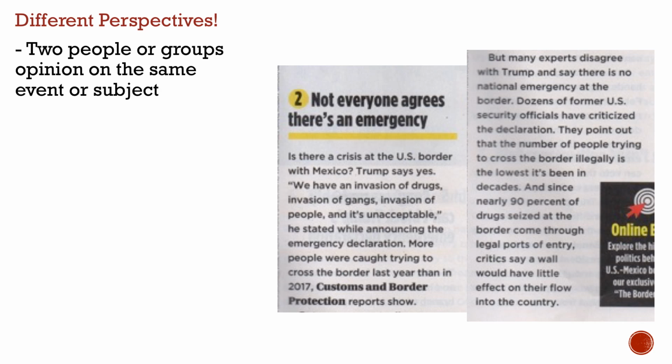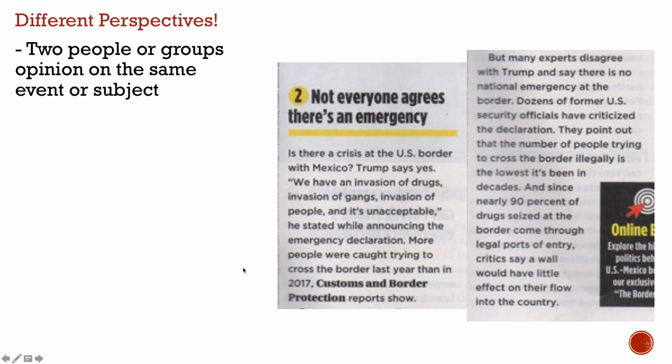So this one, if you remember, was about President Trump and the immigration situation. And so the title of the subtopic for the article was that not everyone agrees there's an emergency. And I'm just going to lay it out for you. I'm going to do some highlighting here of what this author is doing.